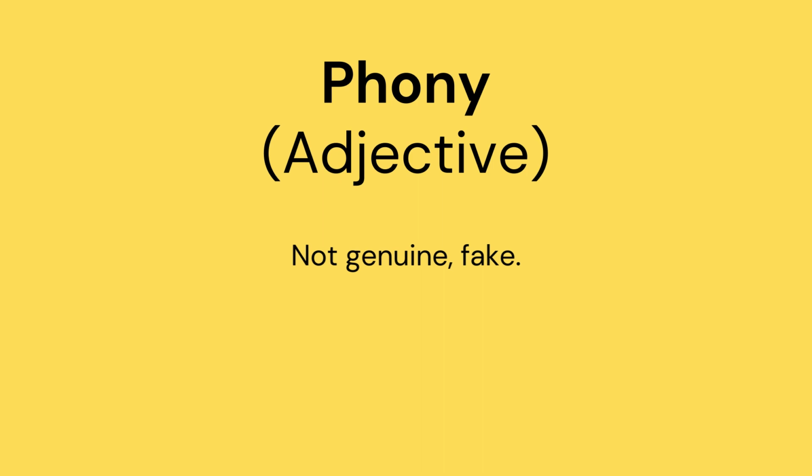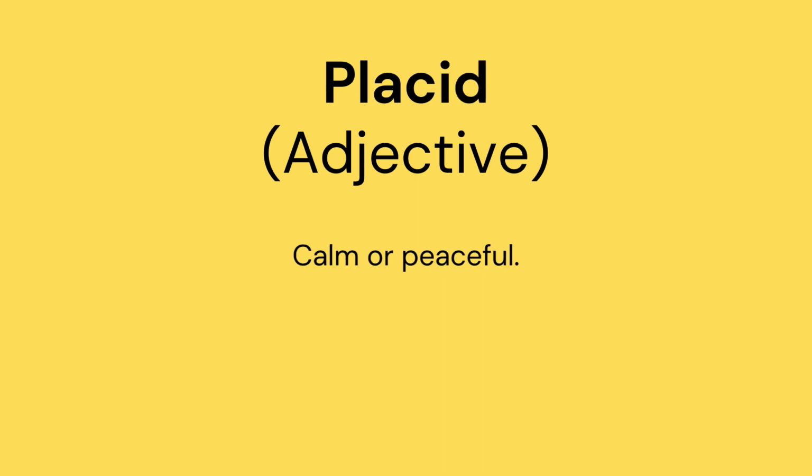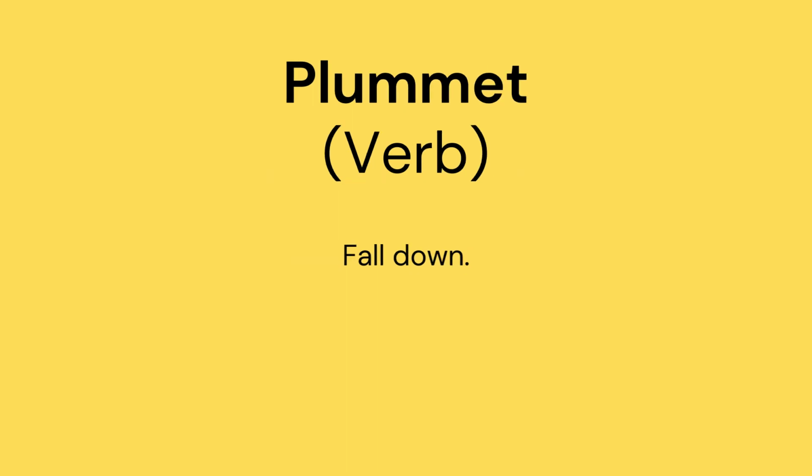Can even talk about the character of a person as being phony. Placid is an adjective, and it means calm or peaceful. Plummet is a verb which means to fall down.